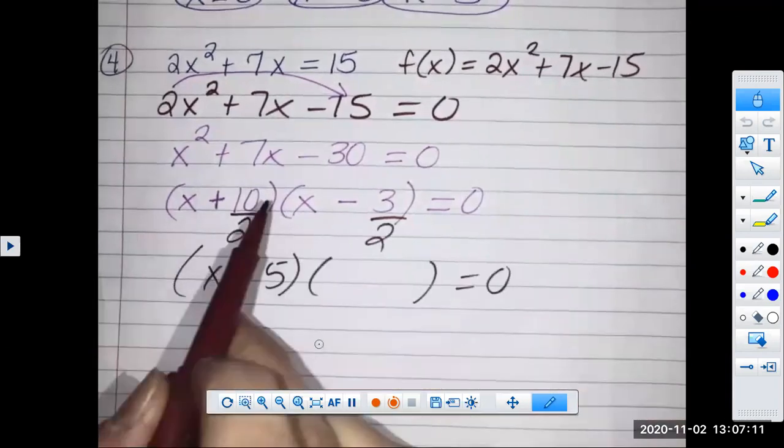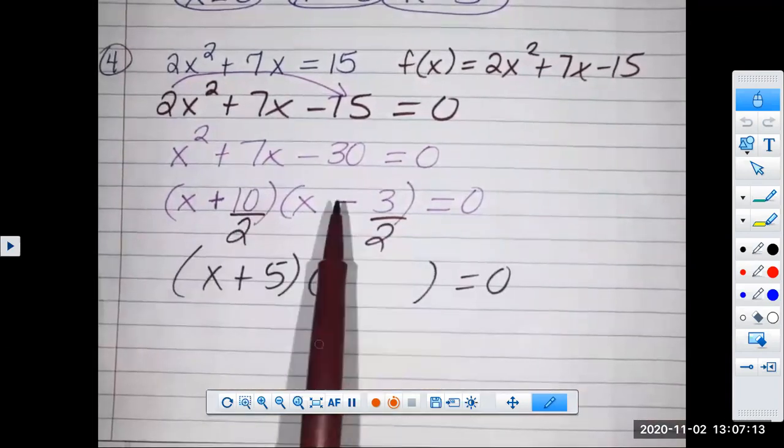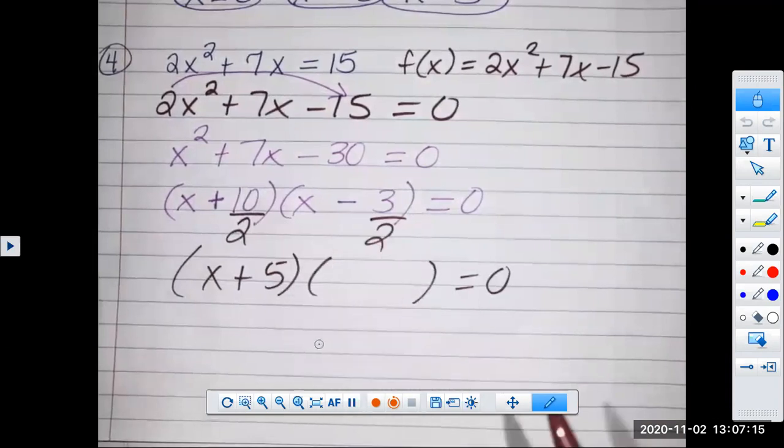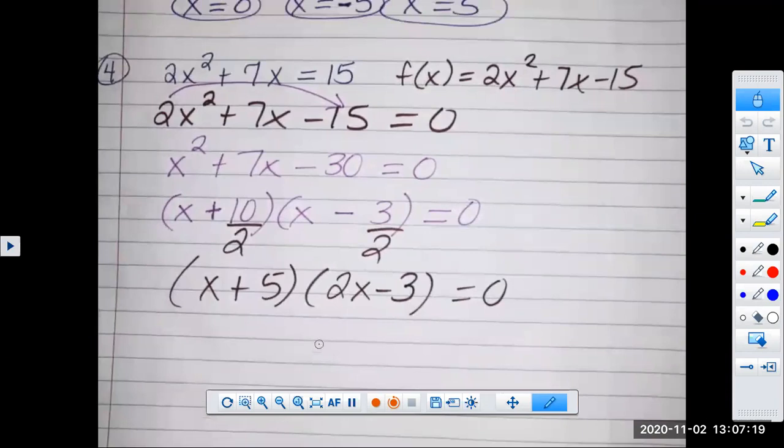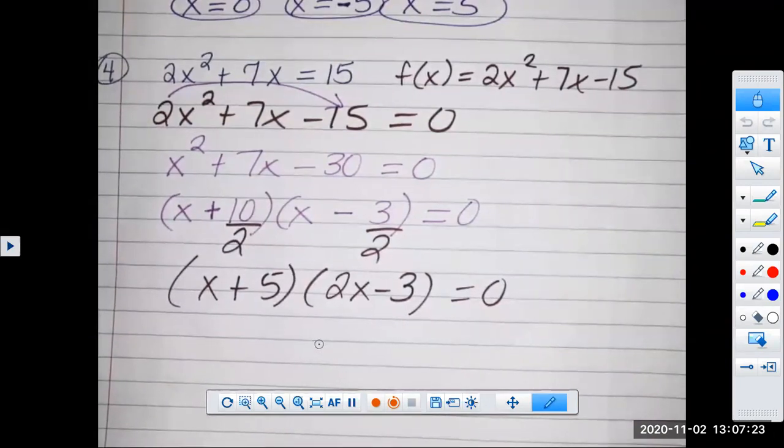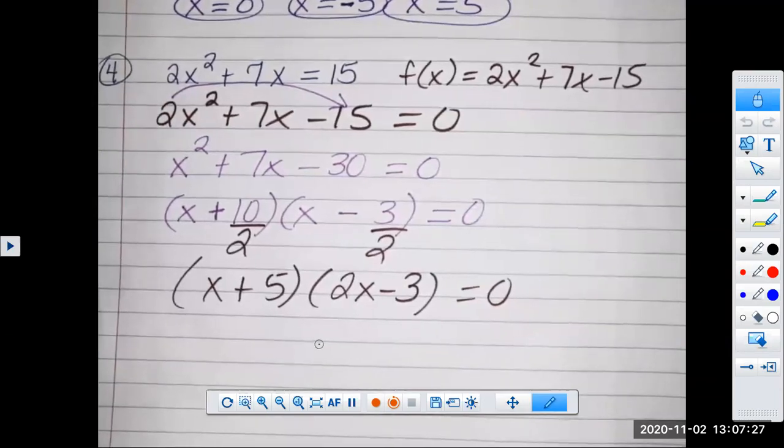So I get x plus 5 here. What does this turn into? Good. 2x minus 3. So that was where we stopped at in 4.4. But today we're actually solving, so make sure if it says solve the equation that you keep going from this point. If I say just factor, then you're done.